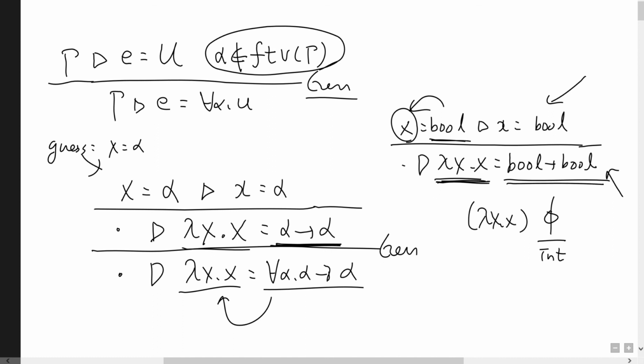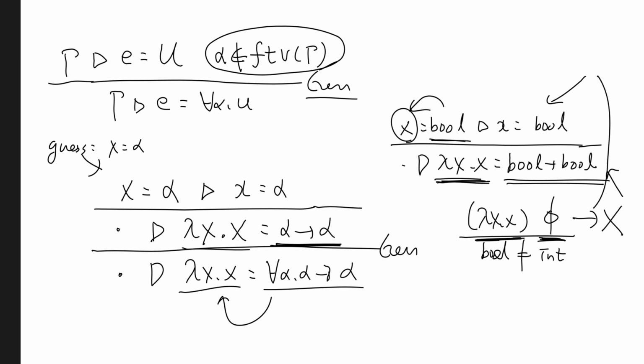So far the story is okay, but later we discover that the actual argument failed to match the type of this formal argument bool. So bool is not equal to int. So later the type reconstruction fails. This is a wrong way of applying the type reconstruction algorithm.